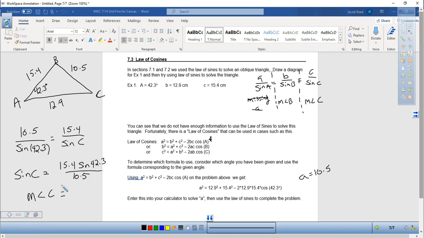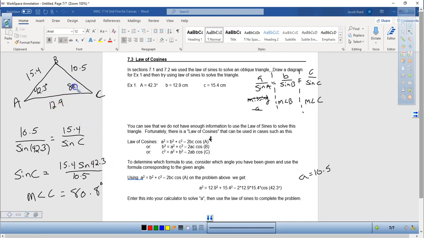And you know from the last video we just use sine inverse, which I'm going to do now. And I get that the measure of angle C is 80 point, since we're in one decimal, we'll go to one decimal, 80.8 degrees.